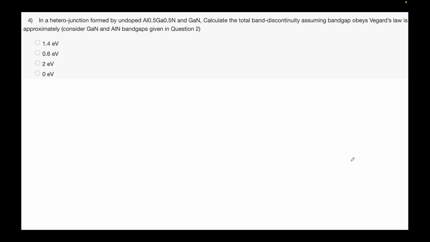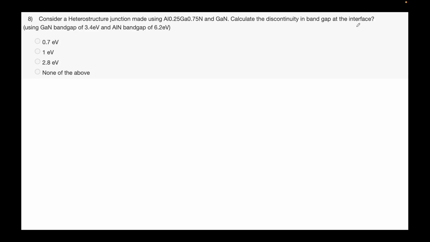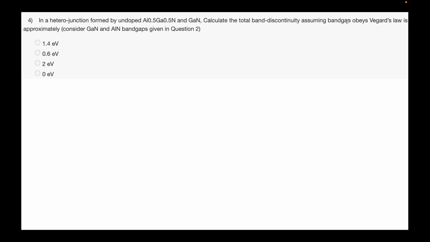Okay, so here we have in this problem a heterojunction formed by undoped 0.5 AlGaN and GaN, and we have to calculate the total band discontinuity. Okay, and obviously we'll obey Vegard's law. So first we need to find the band gap for this and also the electron affinity.